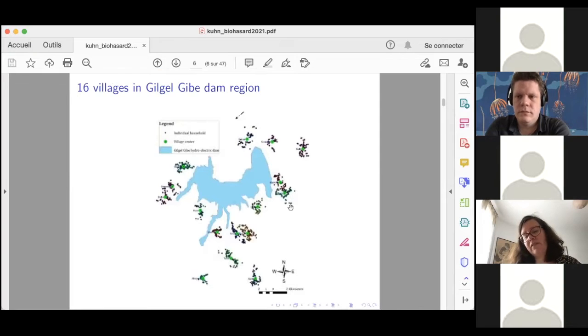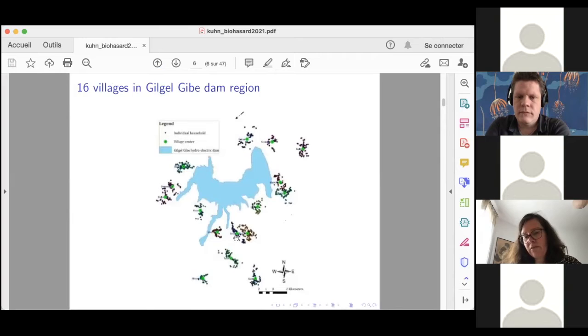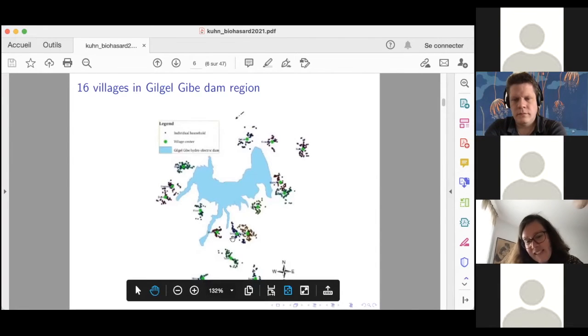That was not satisfying because, as you can see, there are some villages here, for example, which are quite near each other. The proximity of the villages is not what we want to take into account in the model.